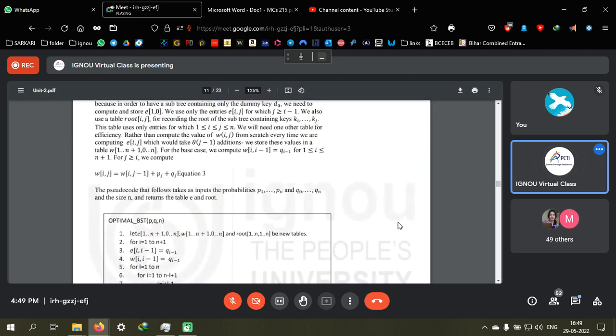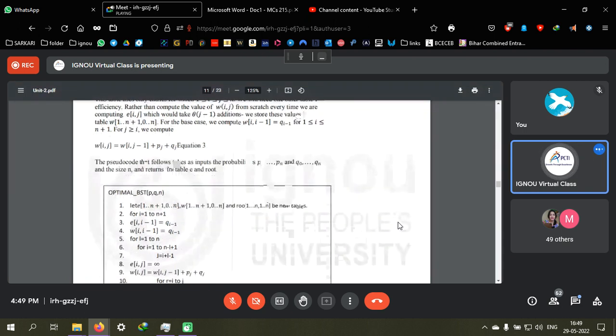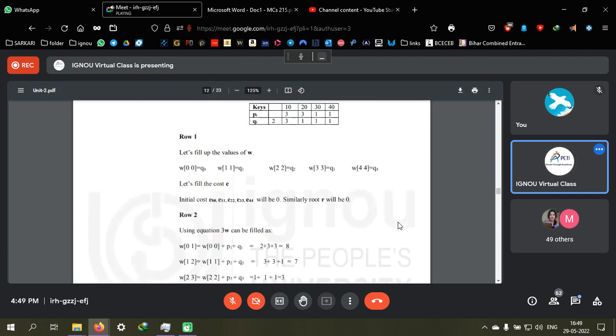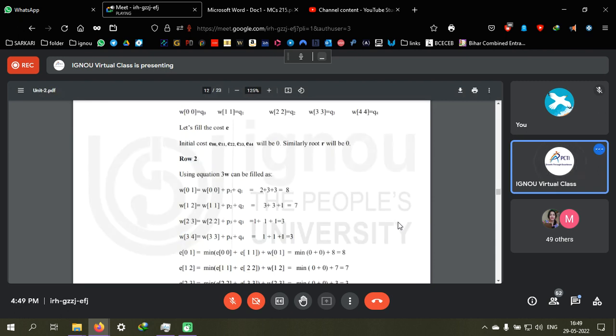You have to find Wij equals W i comma j minus 1, plus pj and qj. J is always with the dimension, that is p and q. Here it is i and the next one is j minus 1. J value is 1, 1 minus 1, 0. And this is always pj and qj, p1 and q1.